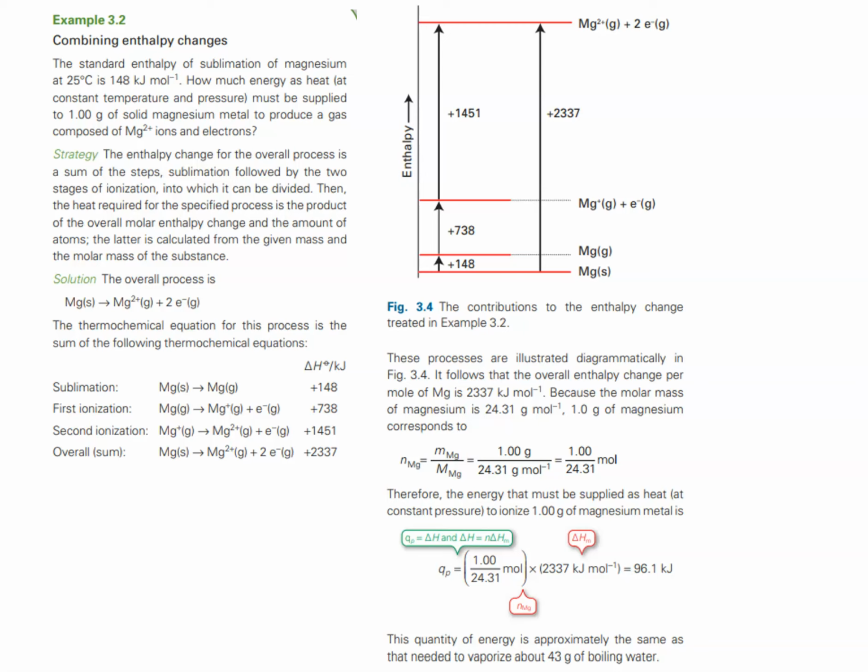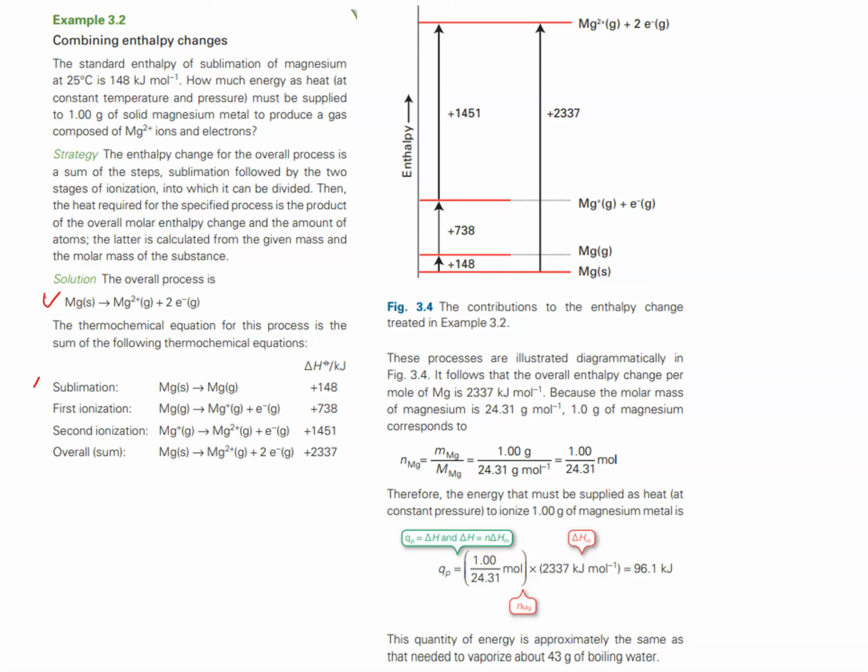The overall process is as follows. Solid magnesium is ultimately going to transition to magnesium 2 gas plus 2 electrons, also in gas phase. The thermochemical equations for these processes is the sum of the following individual separate thermochemical processes. We have the sublimation, where magnesium solid goes to magnesium gas, and this is going to be 148 kilojoules per mole, which was defined in the question.